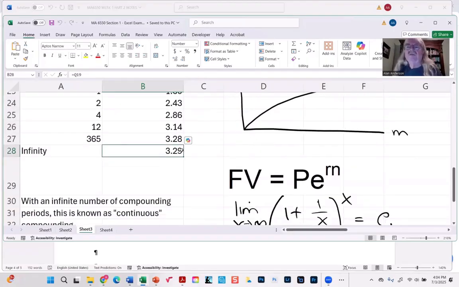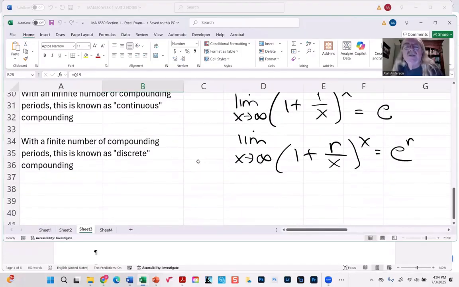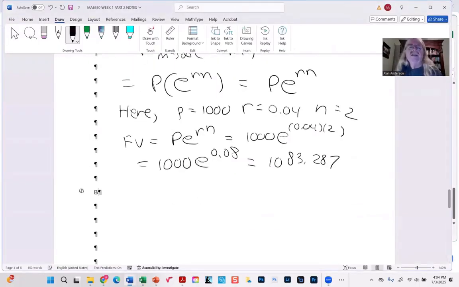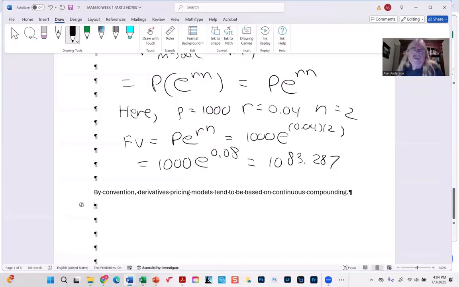So you're probably wondering, do we ever see continuous compounding in the real world? And the answer is no, not really. But it turns out that by convention, at least derivatives pricing models tend to be based on continuous compounding. And it's really more for algebraic convenience than anything else.